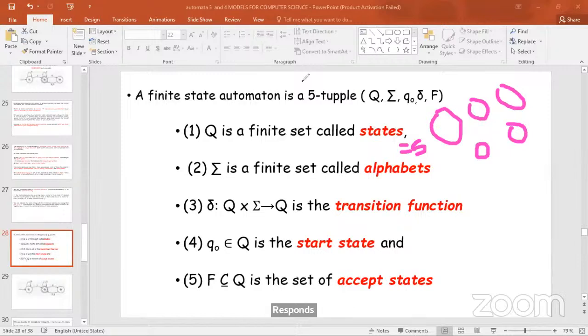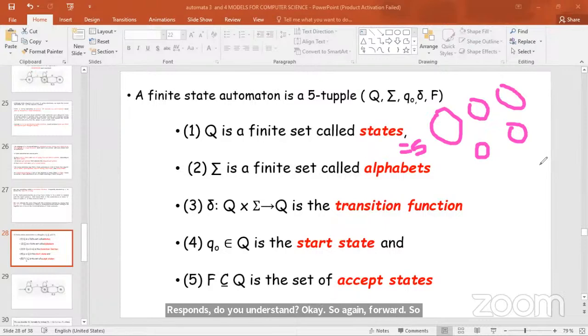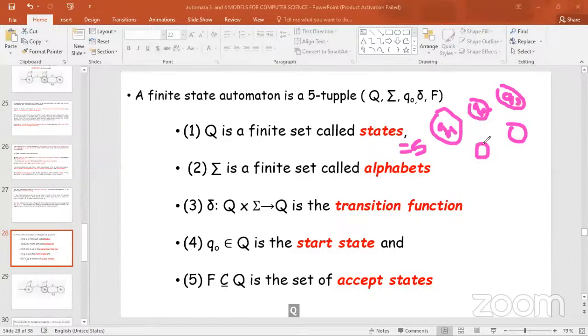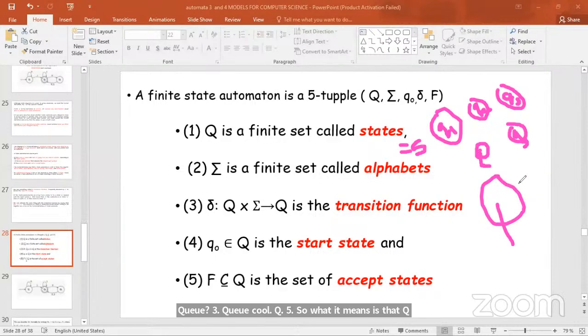So moving forward. The number of states that you can count is the number of Q. Let's assume that this is Q1, Q2, Q3, Q4, Q5. Let me clean again.